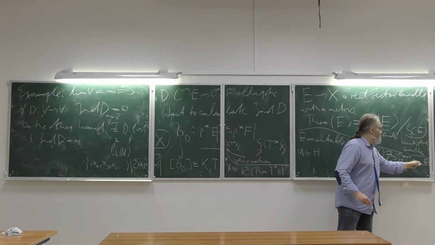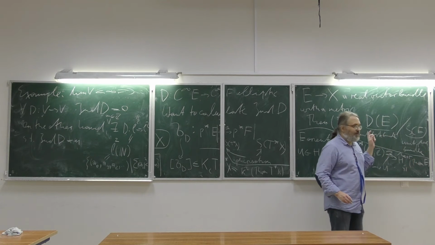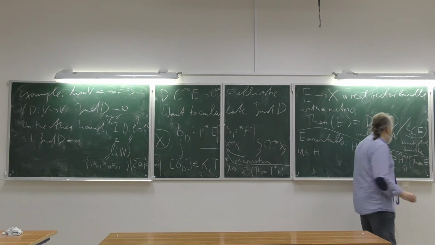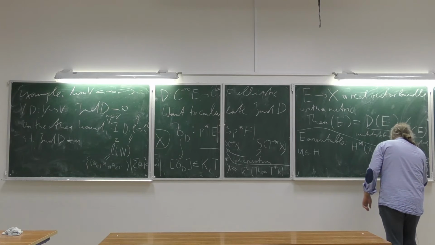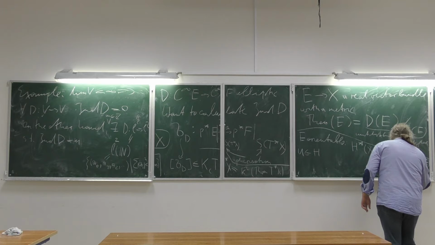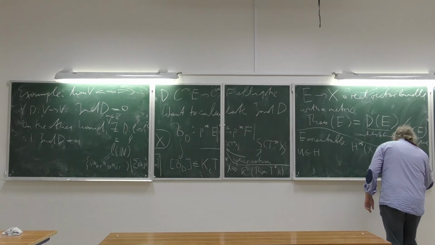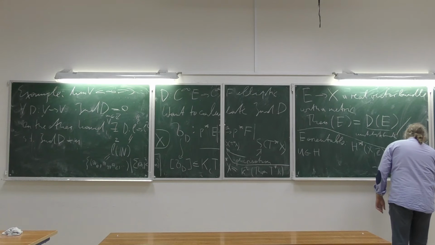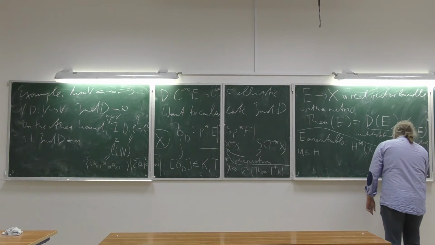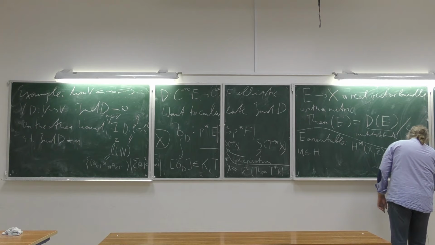Let me also write the reduced homology of the Thom space as the homology or cohomology of the unit disk bundle modulo the homology of the unit sphere bundle.